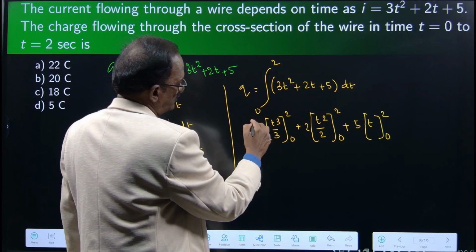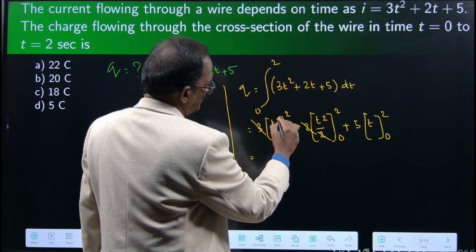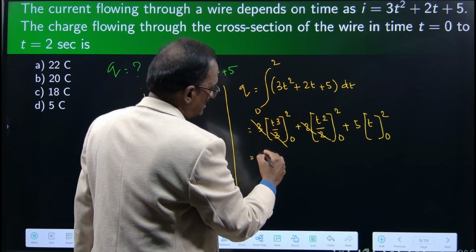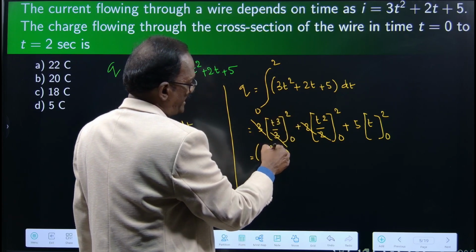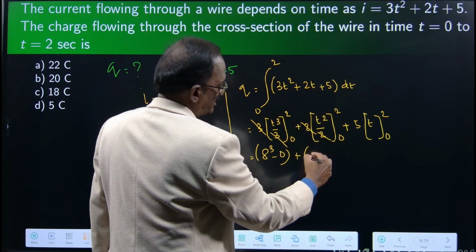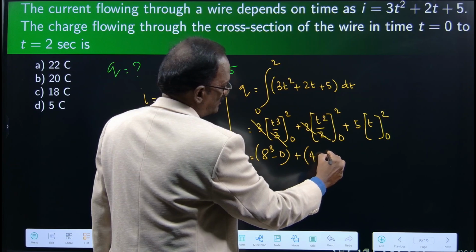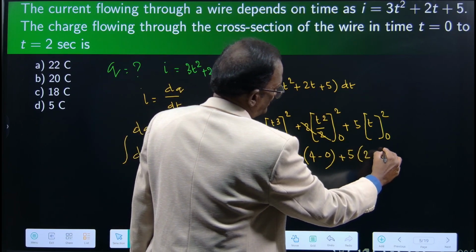So 3 can be removed. Here 2 can be removed. T cube, put 2 here. 2 cube 8 minus 0. Upper limit 2, 2 cube 8, lower limit 0. Plus upper limit 2, 2 square 4, lower limit 0, 0 square, plus upper limit 2, lower limit 0.